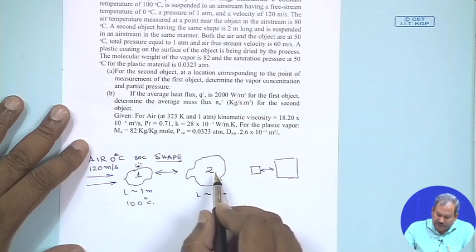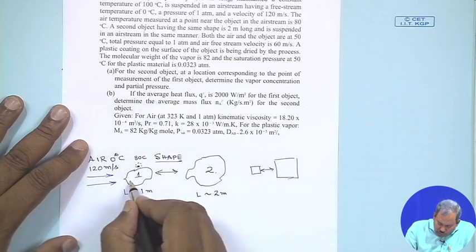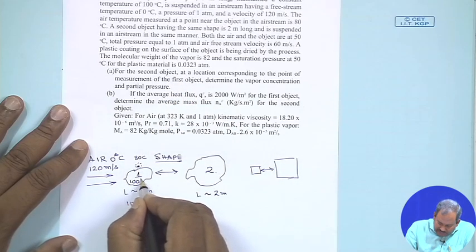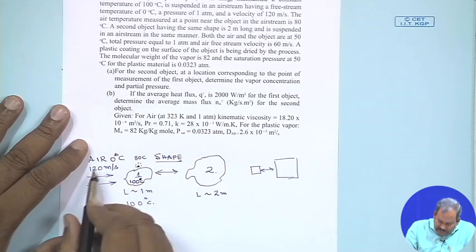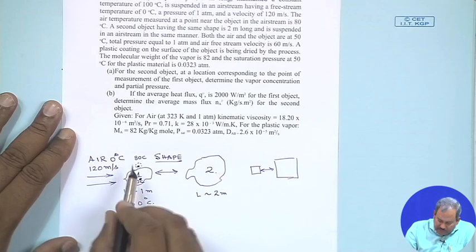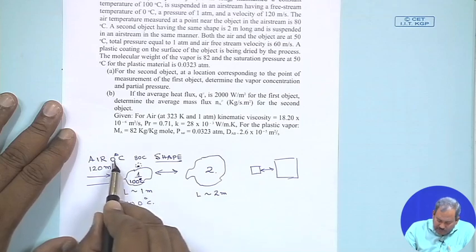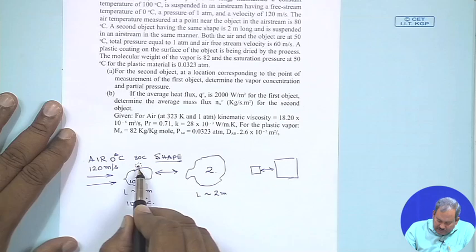Now, in the first case the object is at 100 degrees centigrade, interacting with air at 0 degrees centigrade. So, this is from 100 to a free stream temperature of 0, and the temperature near the surface is given as 80 degrees.